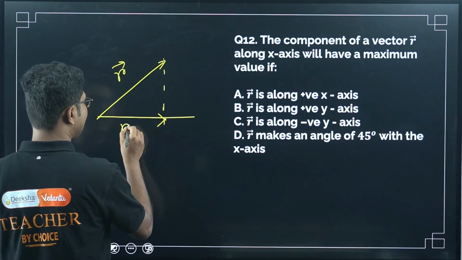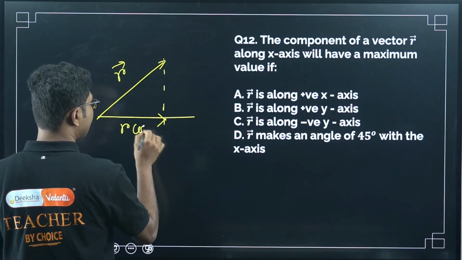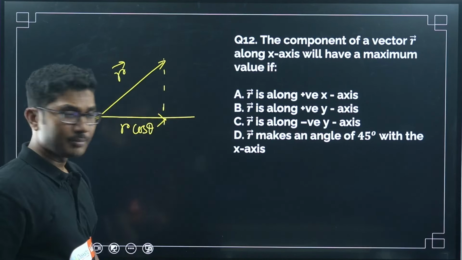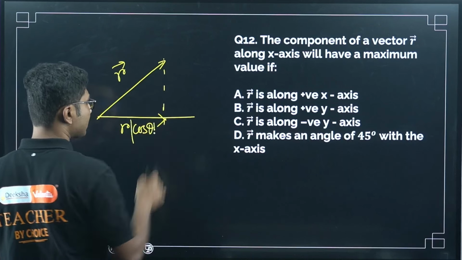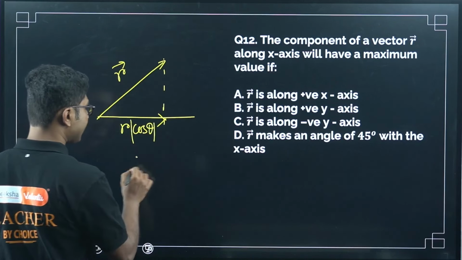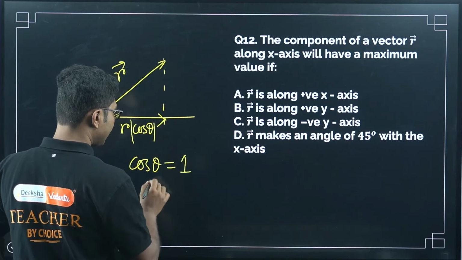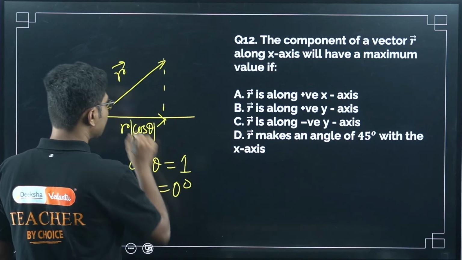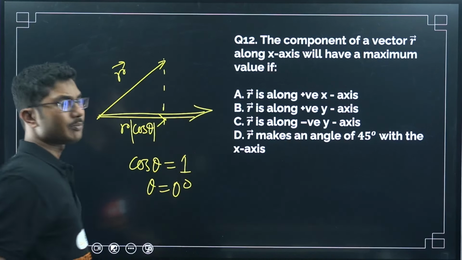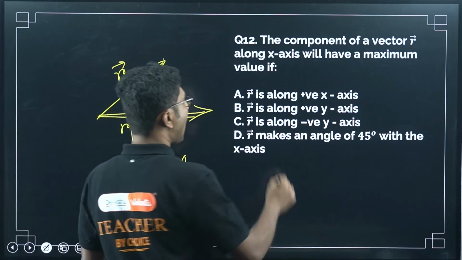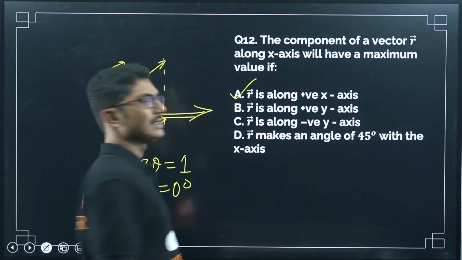Let me do the mathematical part. What is the component? R cos theta. This will be maximum when cos theta is maximum. The maximum value of cos theta is 1, so theta should be equal to 0 degrees. That means the vector should be along the positive x-axis. So r is along positive x-axis, that is the option.